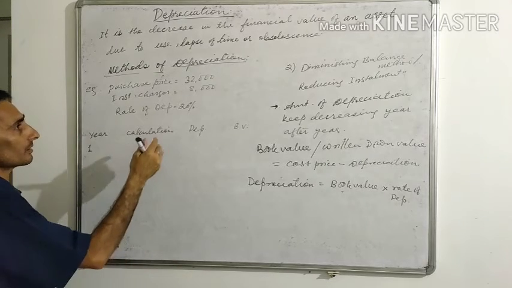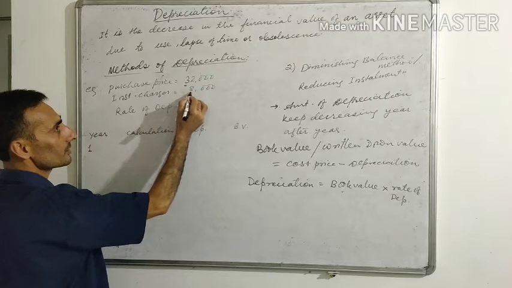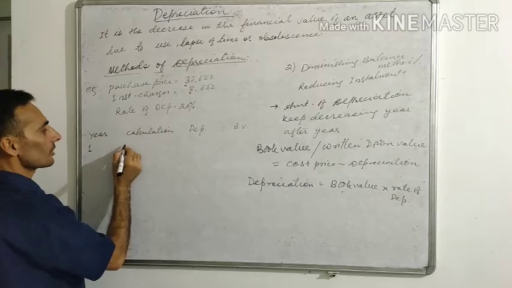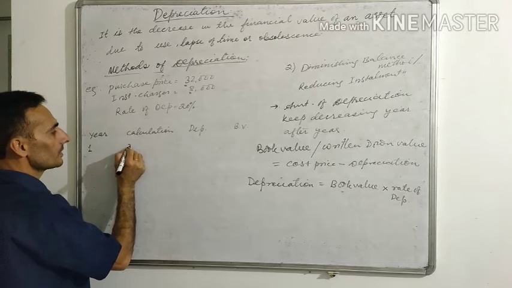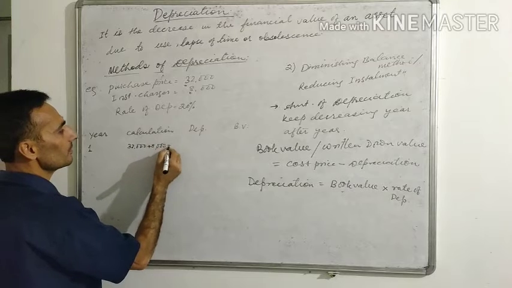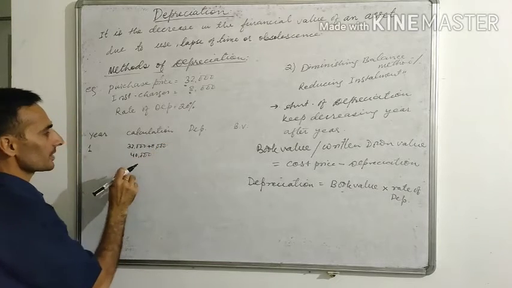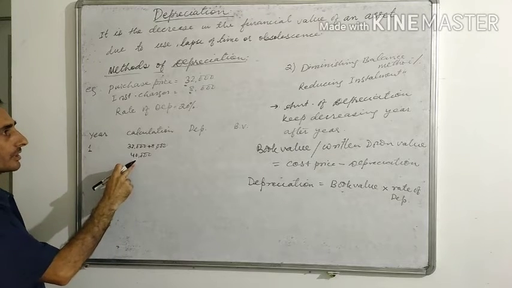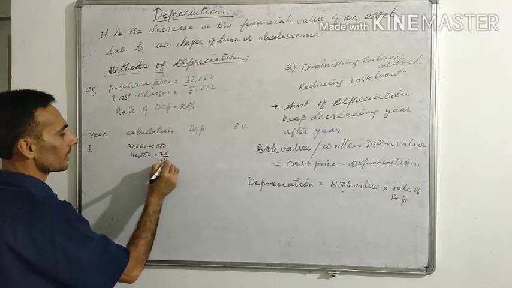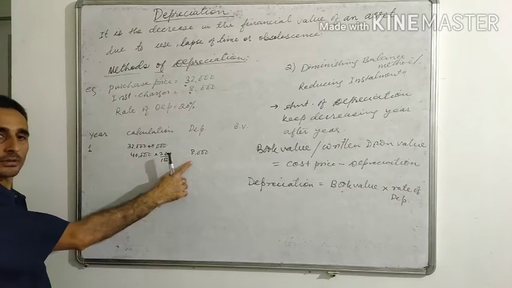Now, what is the original cost? The original cost of the asset will be the purchase price and the installation charges, because these are the expenses incurred on this asset. So here you have 32,000 plus 8,000. So this gives you 40,000. This is the original cost, and depreciation will be calculated on 40,000 at the rate of 20%. So into 20 by 100 will give you 8,000, right?